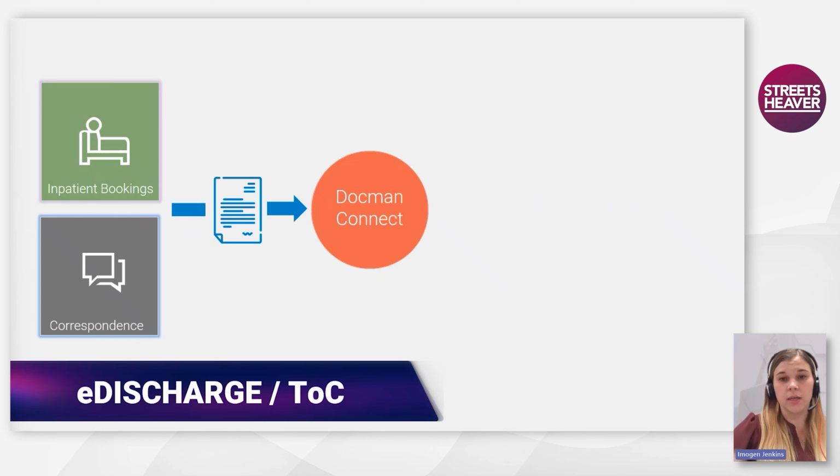So what we have done is we have now integrated with Docman Connect. As far as we're aware, 60% of GP practices across the UK are actually using Docman. So this is a really great way for you to be able to send your eDischarge summaries in a secure manner, which also means that you're compliant with your NHS returns.